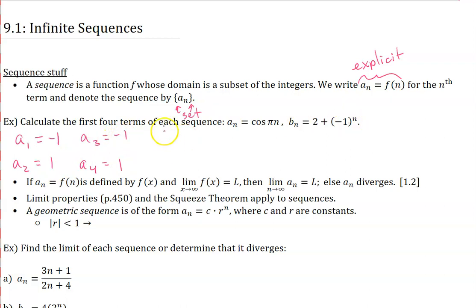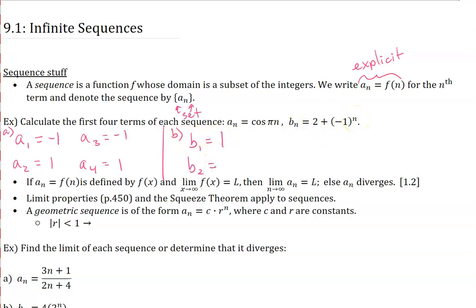For the second one, for b sub n, so we'll call this part A, part B. For this one, we have 2 plus negative 1 raised to the nth. This is going to be a notation that you'll be pretty familiar with as well. And what this does is it means that we alternate back and forth between positive and negative 1 as n increases, all right? So for b sub 1, I have 2 plus negative 1 to the first, so that is just 1, okay?